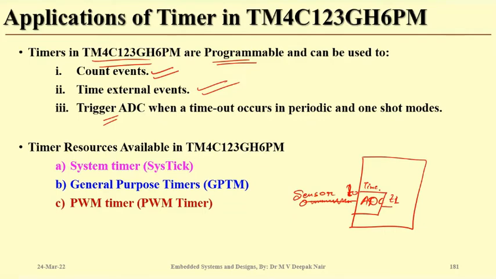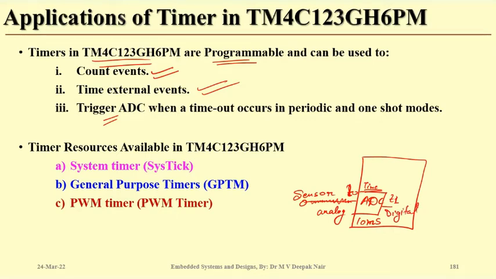So this time consumption is important for an ADC. What the timer can do is give this time to the ADC. Suppose the ADC takes 10 milliseconds to read one data and convert it to its digital equivalent. So it will read the analog data and convert it to digital, taking 10 milliseconds.